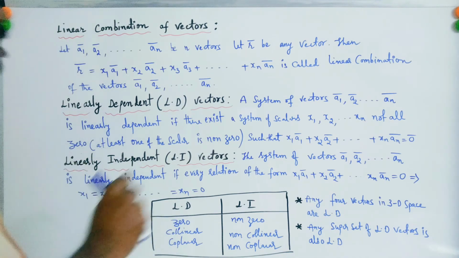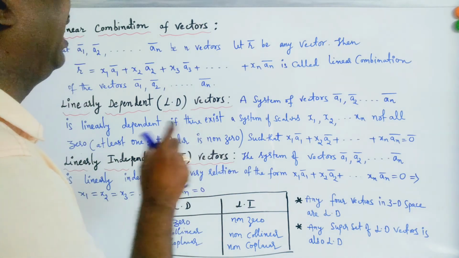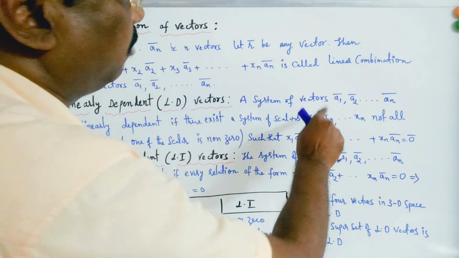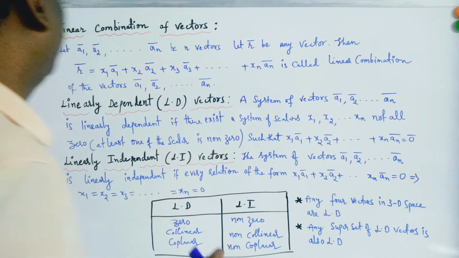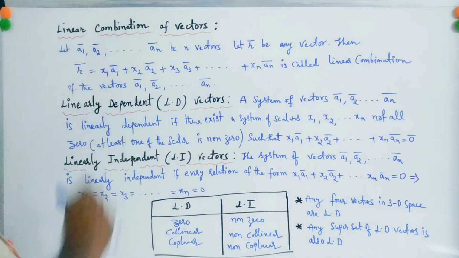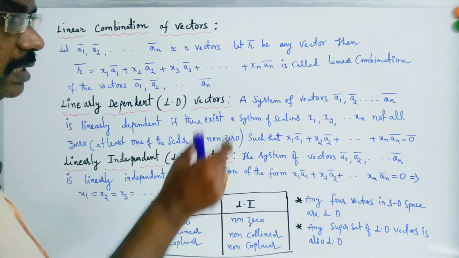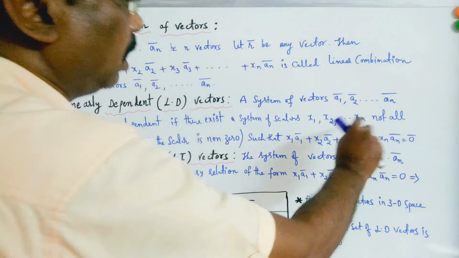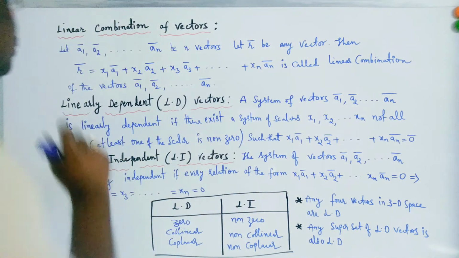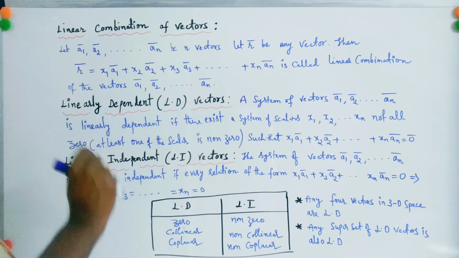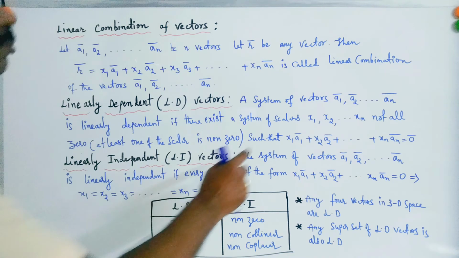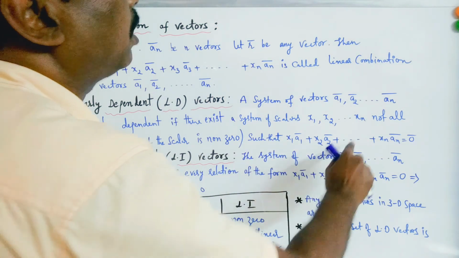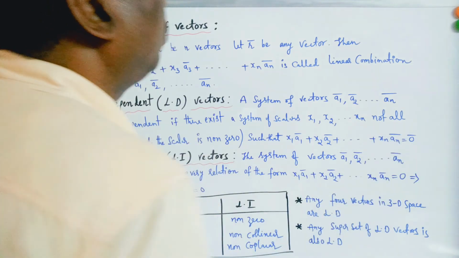Next one, linearly dependent vectors or LD vectors. A system of vectors A1 bar, A2 bar up to An bar is linearly dependent if there exists a system of scalars x1, x2 up to xn, all not 0, or at least one scalar is non-zero, such that x1 A1 bar plus x2 A2 bar up to xn An bar equal to 0.